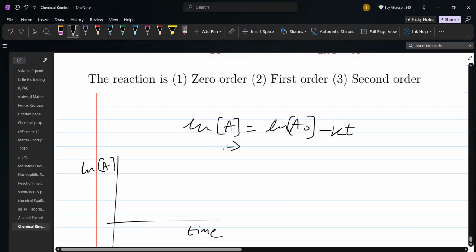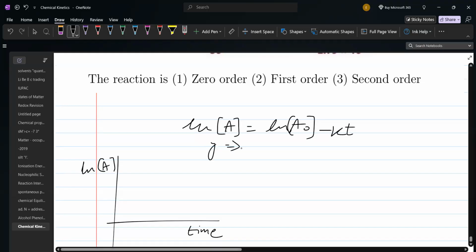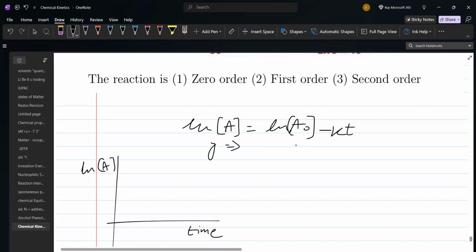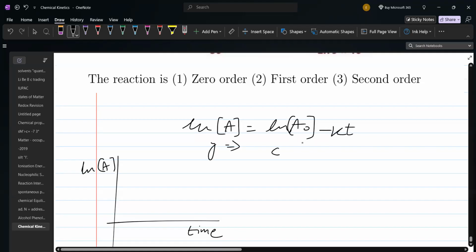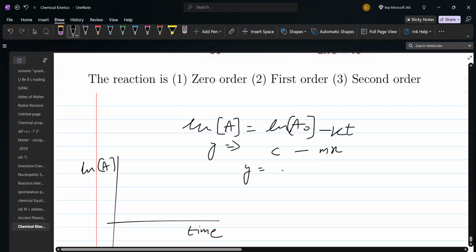So ln, this is the graph we have to convert so that you can understand it better. This is like y, and this is like c, because a naught is constant. This is kt will be mx. T is like x on the x-axis. K will be the slope.